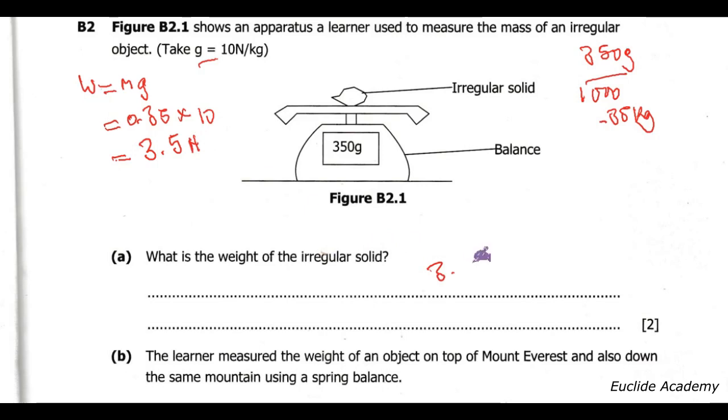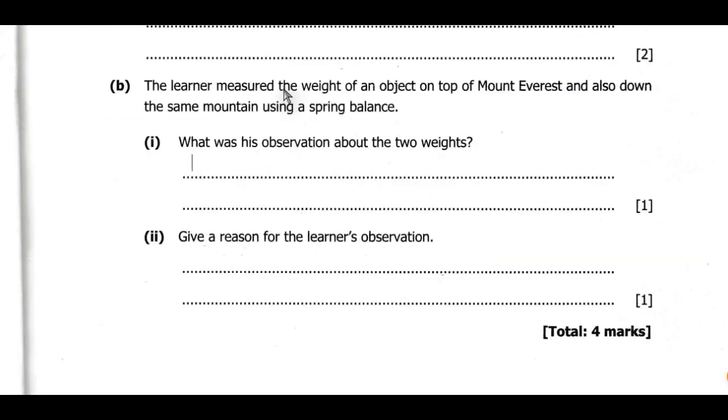So 3.5 newtons is the weight. The learner measured the weight of an object on top of Mount Everest and also down the same mountain using a spring balance. What was his observation about the two weights?